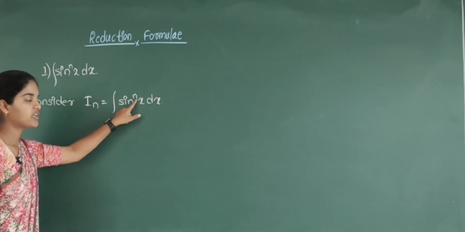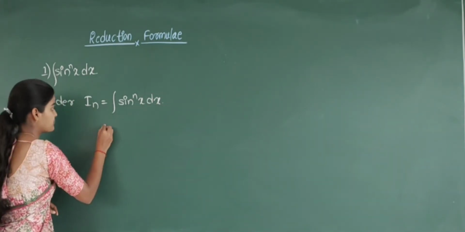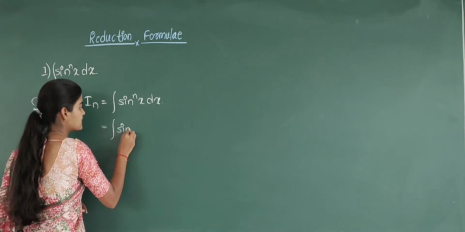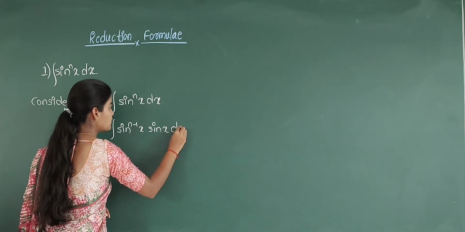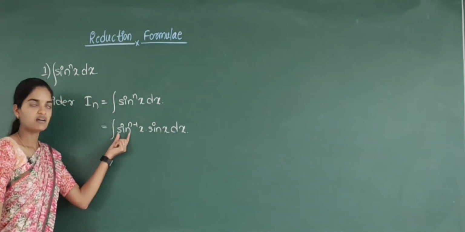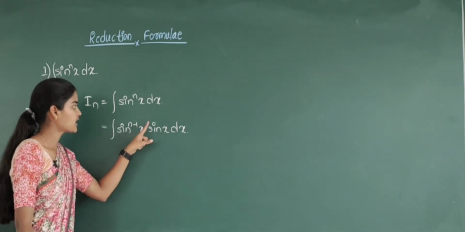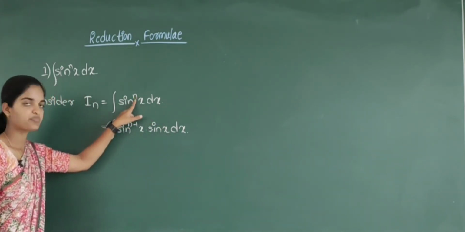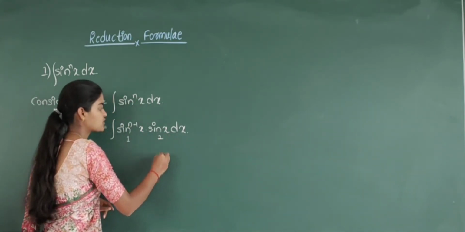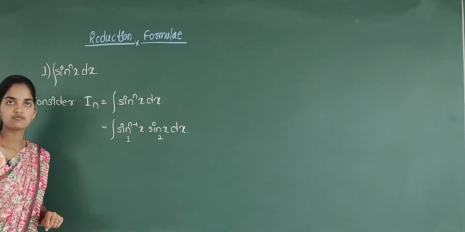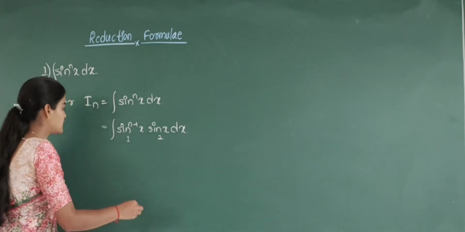This sine raised to power n, I will convert into a product of two terms: integration of sine raised to n minus 1 x into sine x into dx. By the properties of indices, if you add the powers, you again get n. Here I will consider sine raised to n minus 1 x as the first function and sine x as the second function, and now we will apply integration by parts.